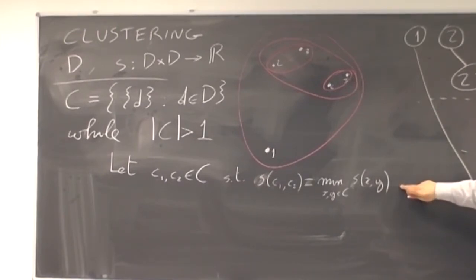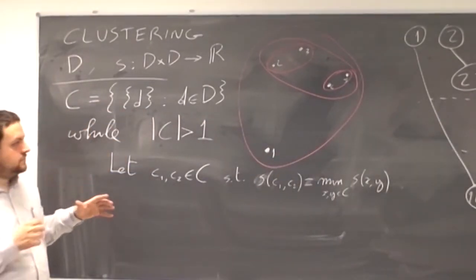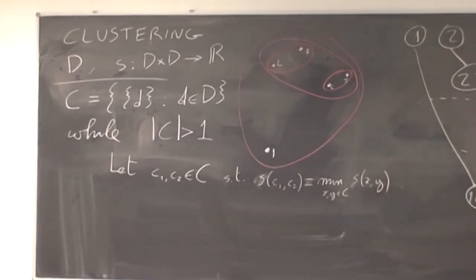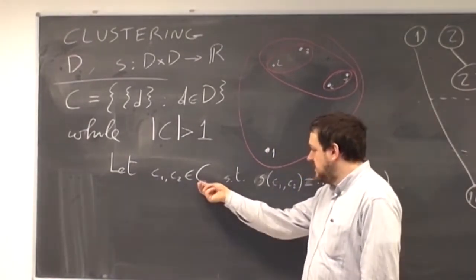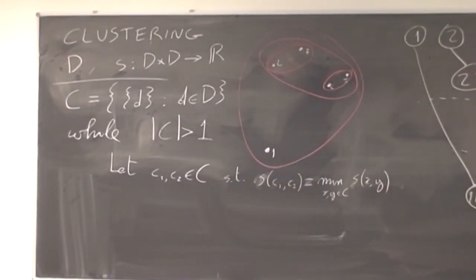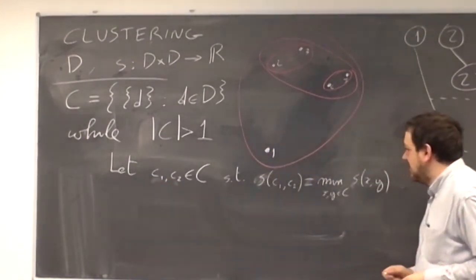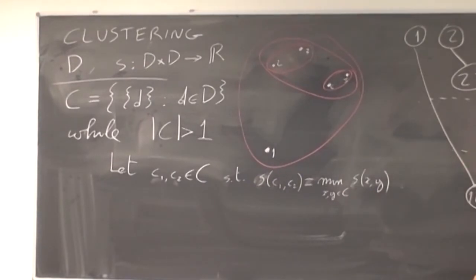Of course, we have to improve this definition in many ways. For example, in general, if C is a collection of clusters, and I want to find the two clusters that are most similar, actually, well, a dirty trick would be taking twice the same cluster.